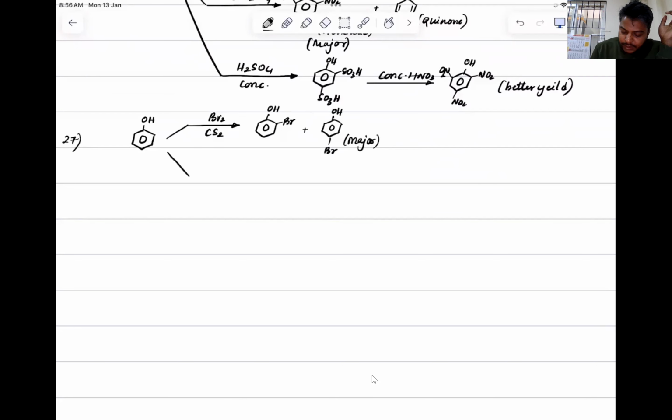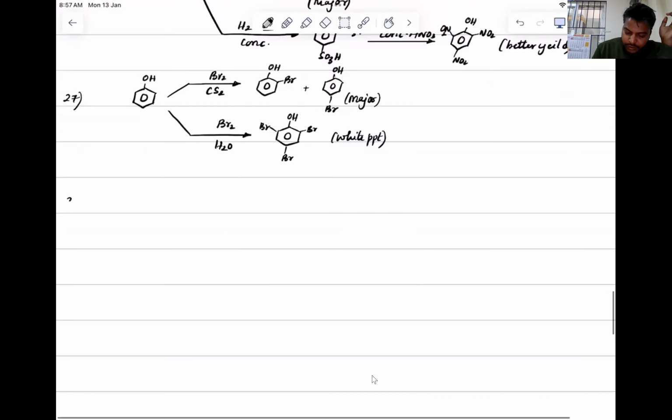And in case Br2 H2O, bromine water, is given, then you will get white precipitate of 2,4,6 tribromophenol. This is the white PPT of 2,4,6 tribromophenol. Next.